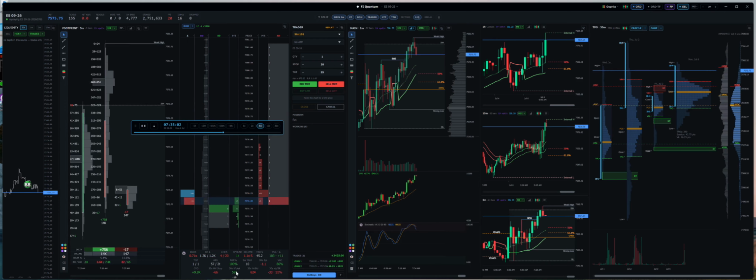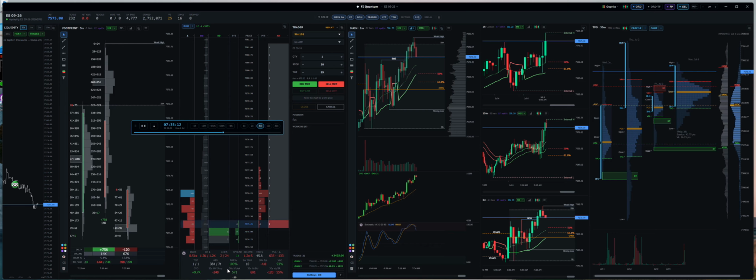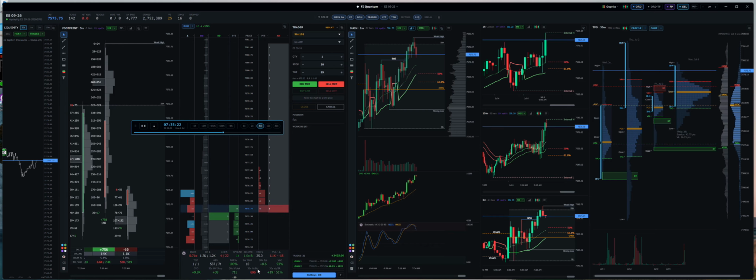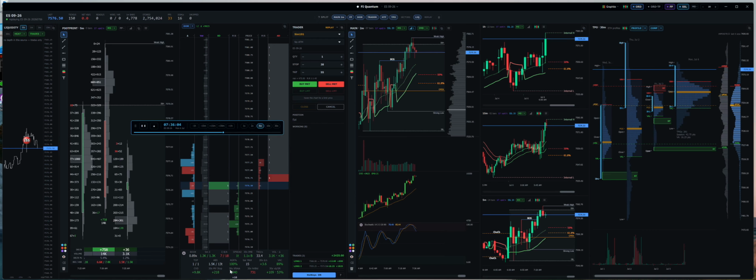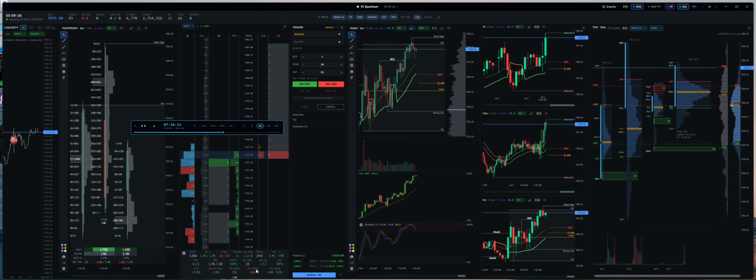Over a 30-second window, are they lifting the ask or hitting the bid, right? So you can see are we getting sold into, or are we actually aggressively buying, right? Or are we in the middle? Is it mixed?